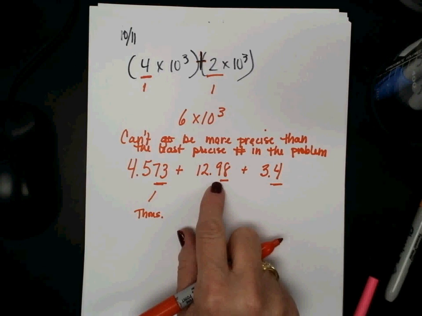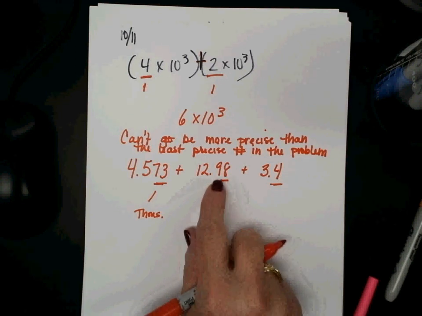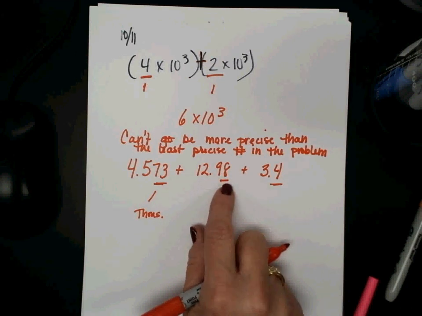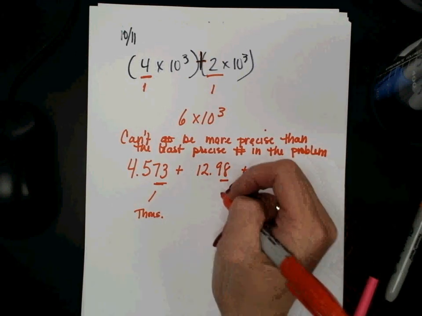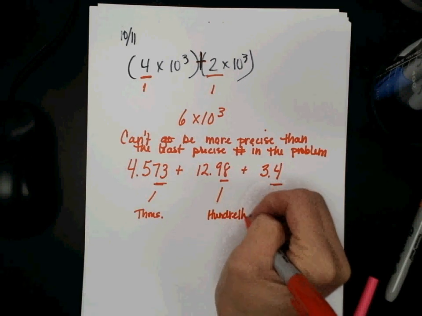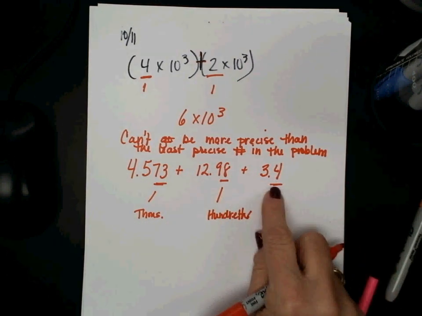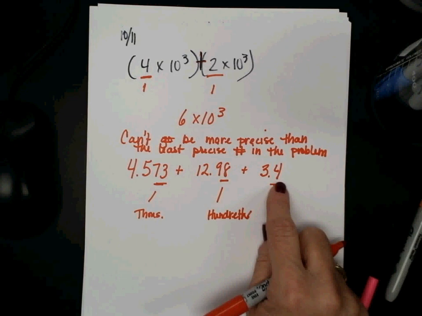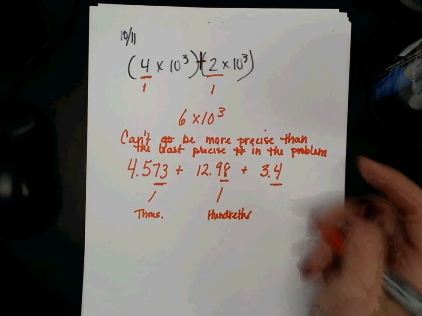What placeholder is that? That's the tens place. So if that's the tens place, what's the 8, Olivia? Okay, so this is the hundreds. Then if I go to the next one, Braylon, what's that 4? What placeholder is that? Tenths.